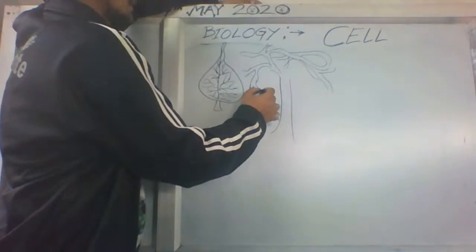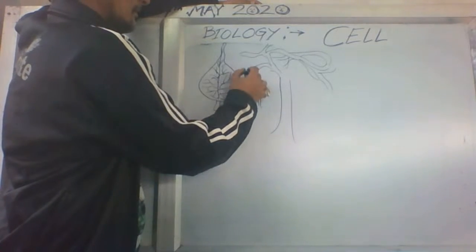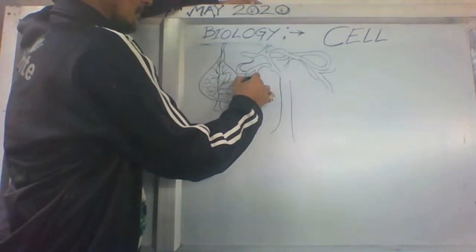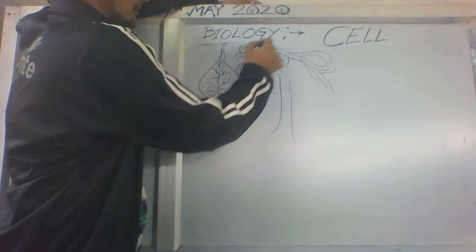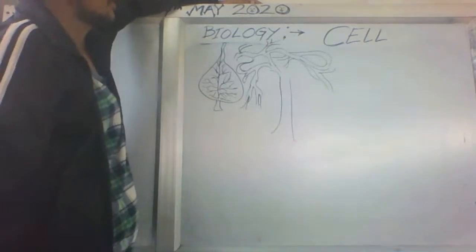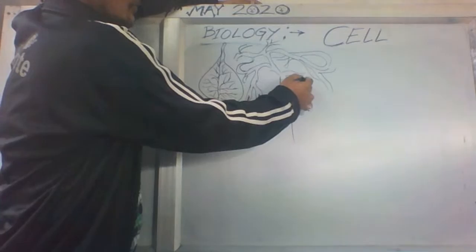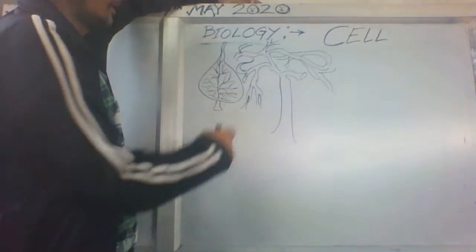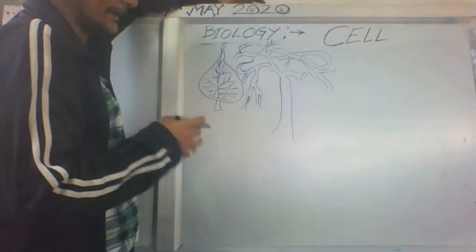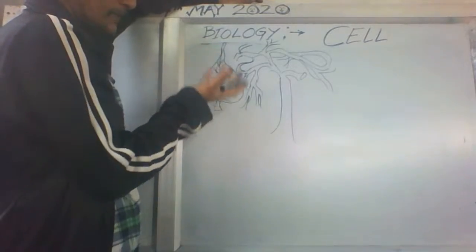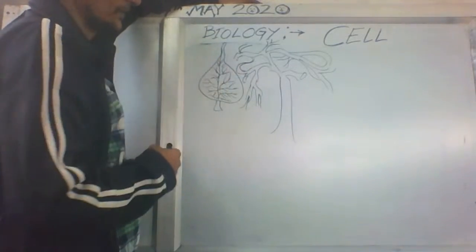This is a complicated tree structure I have made here. This is also called venation. The arrangement of the veins in a particular part is called venation.